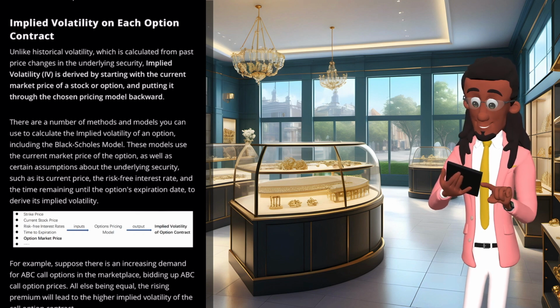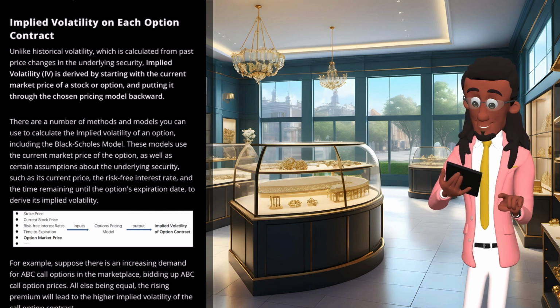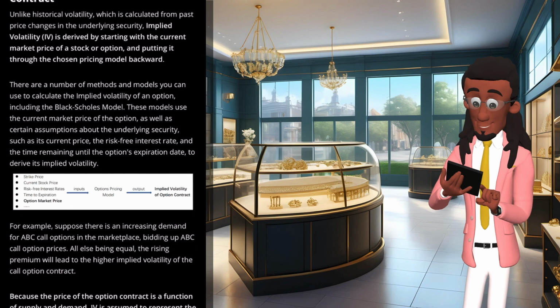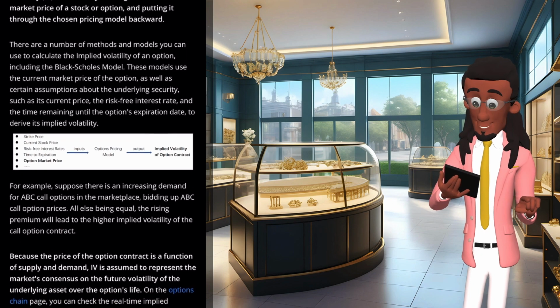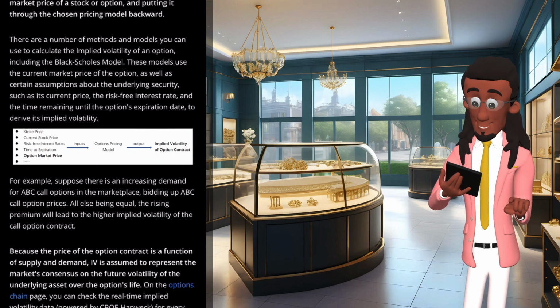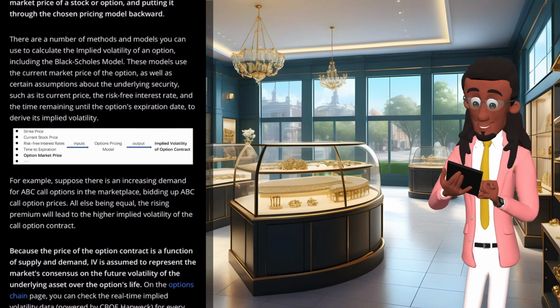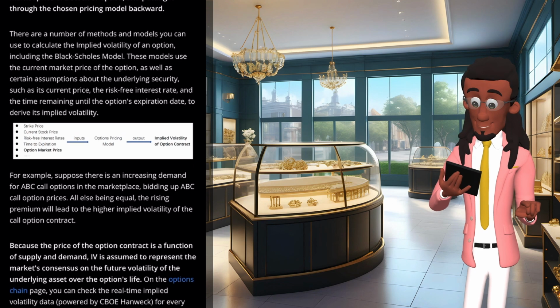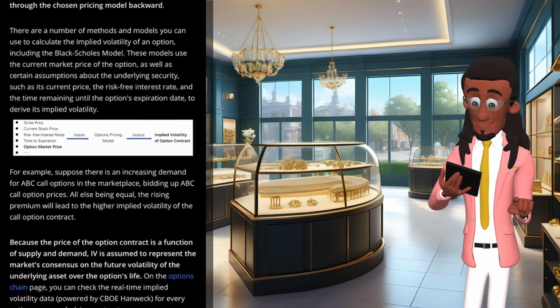There are a number of methods and models you can use to calculate the implied volatility of an option, including the Black-Scholes model. These models use the current market price of the option as well as certain assumptions about the underlying security, such as its current price, the risk-free interest rate, and the time remaining until the option's expiration date to derive its implied volatility.